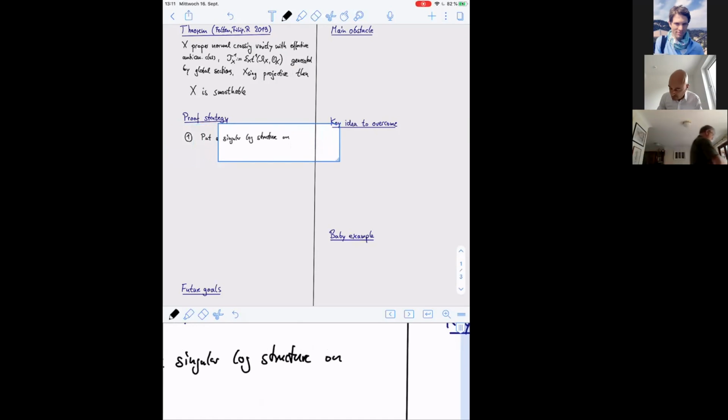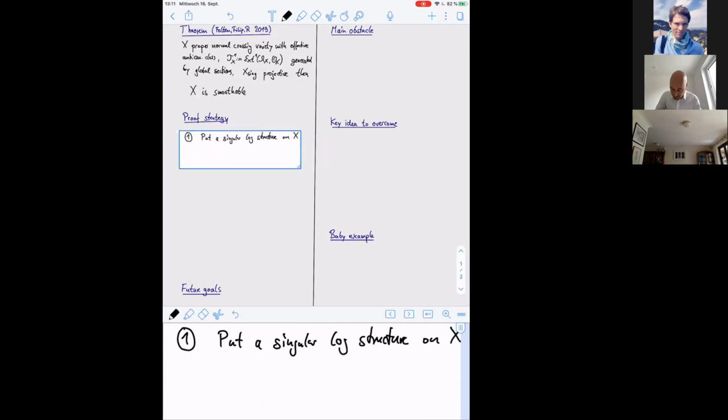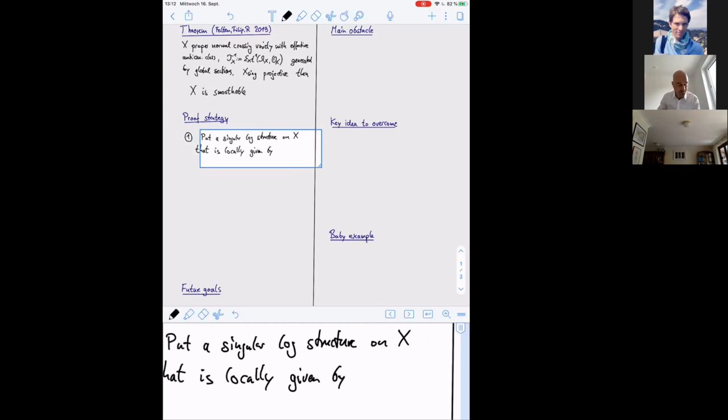So I don't want to go into what a log structure is or anything. If you don't know what it is, just think of it as some magic powder that you can put on there. But this magic powder has a particular local shape. So that's the main point here. We're sort of restricted in what we can handle in terms of the log singularities that is locally given by the classical thing.